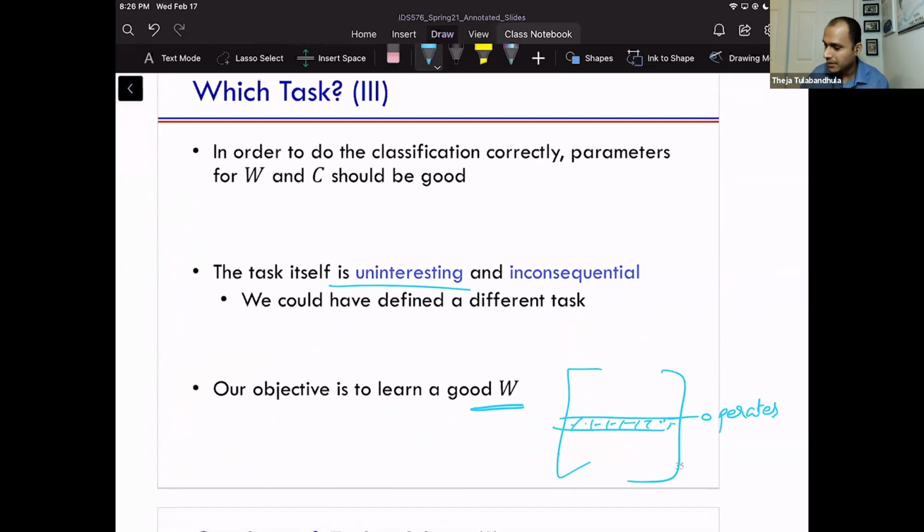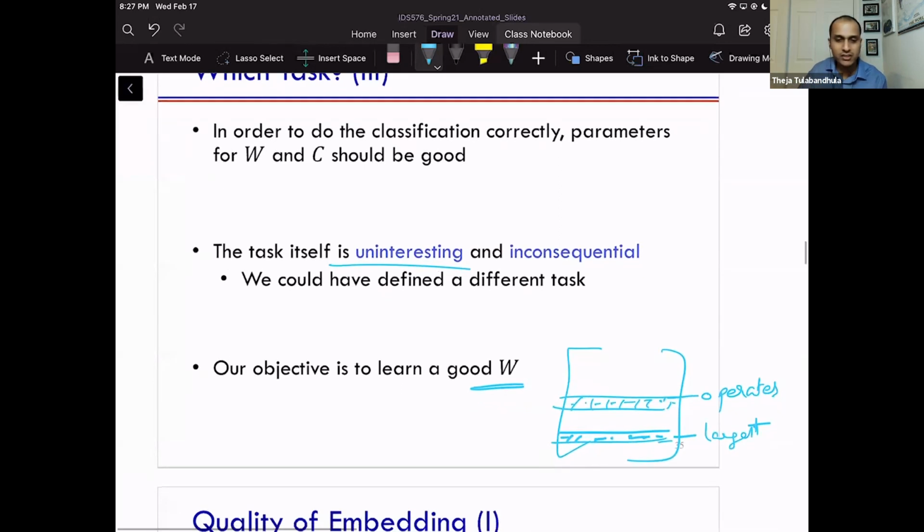Similarly, for another word, let's say "largest", it corresponds to some row here, and there will be some numbers here, and those numbers are updated to be the best numbers possible to help the classification performance.